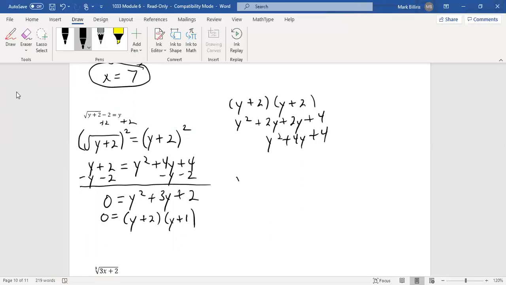Next, I'm going to set each factor to 0 and solve. One possible answer is y equals negative 2, and the other possible answer is y equals negative 1.